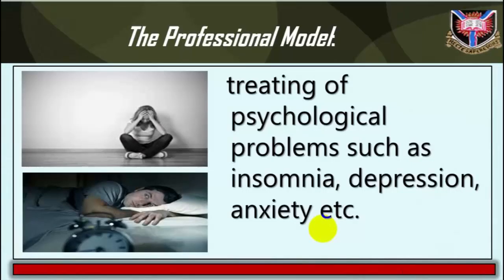For example, the Nigeria Clinical Psychologists Association is only open to qualified clinical psychologists with at least a master's degree in clinical psychology. There are specific rules and regulations guiding members of this professional body.